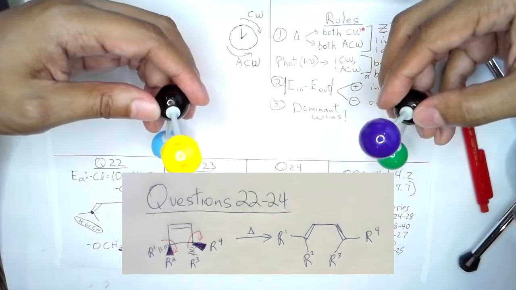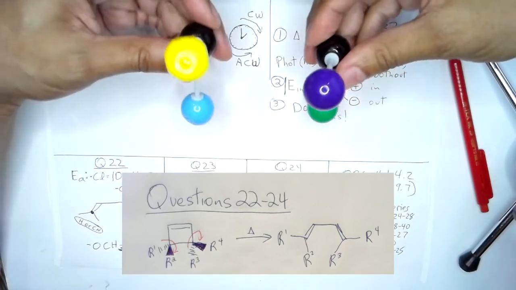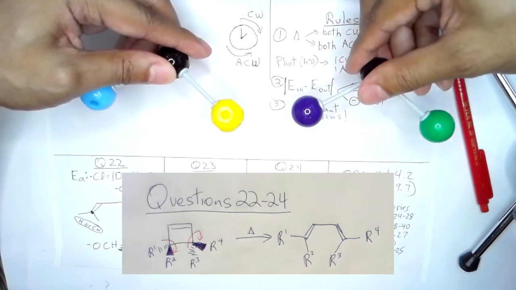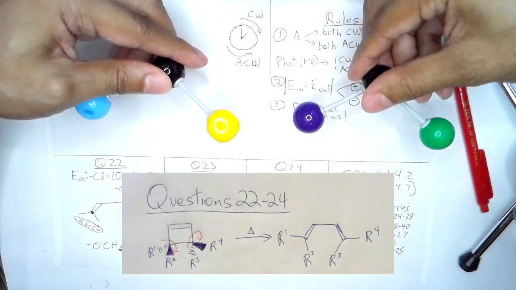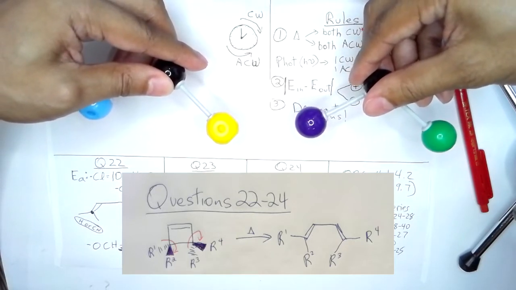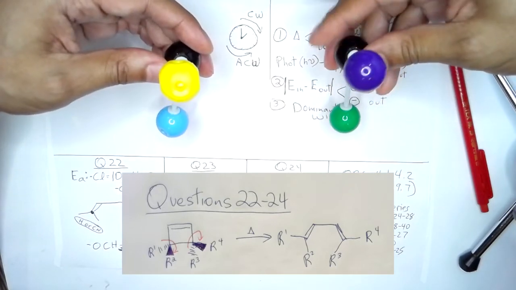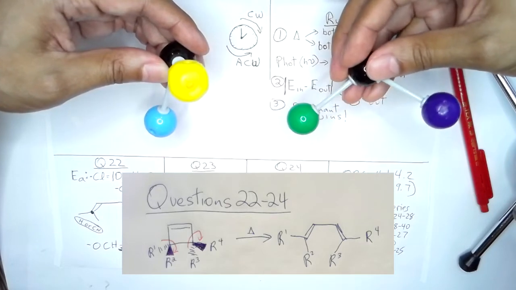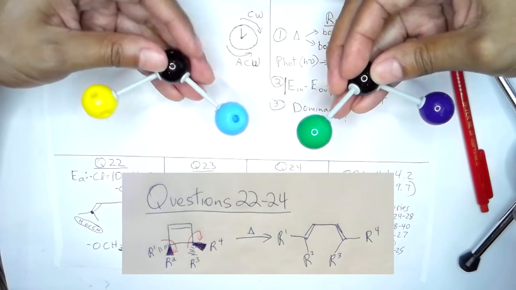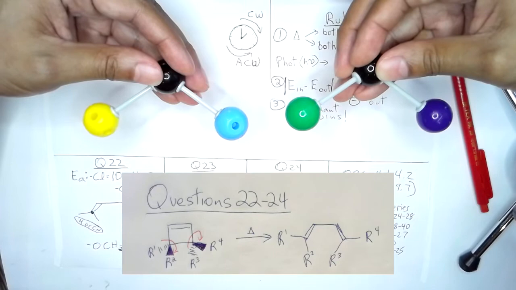Photochemically, one moves clockwise and the other one moves anti-clockwise. Okay. So if this moves clockwise, this one is moving anti-clockwise. And now we have R2 and R4 on the inside. Now if this group moves clockwise and this group moves anti-clockwise, then we have R2 and R4 on the outside.